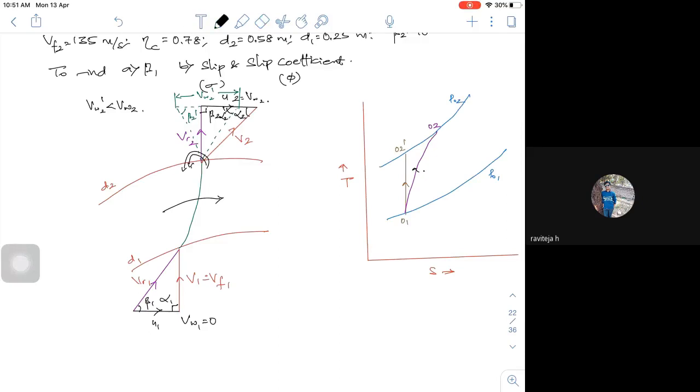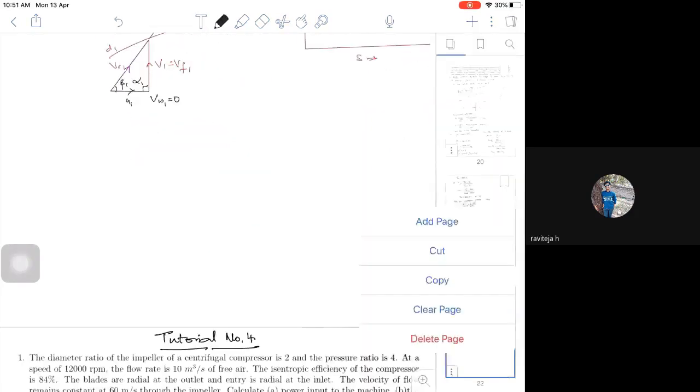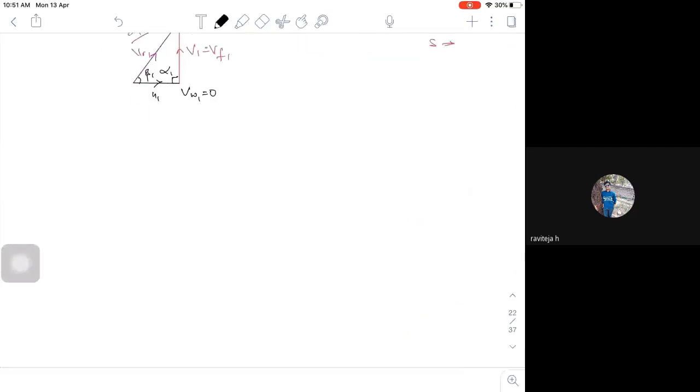Now, other conditions are very similar to what we have solved in my previous problem. So for an isentropic compression condition, we have T naught 2 dash by T naught 1 is equal to P naught 2 dash by P naught 1 whole to the power of gamma minus 1 by gamma.